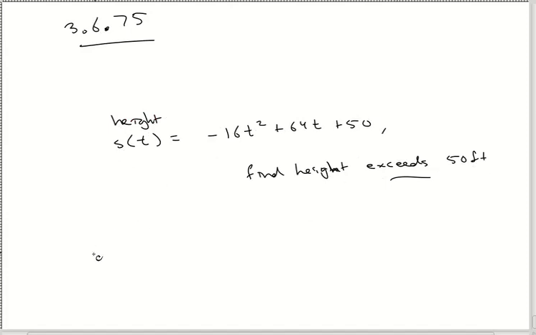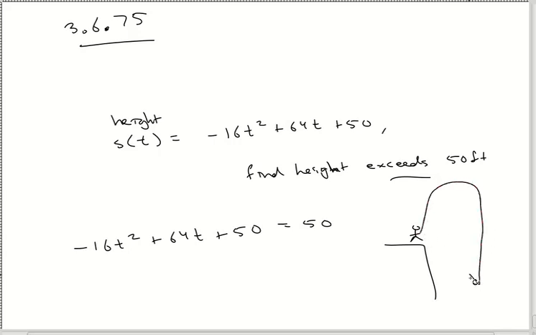Quick answer is that what you want to do is set this equal to 50. And then you're going to look for the numbers in between. You set it equal to 50, and then you start solving for t and stuff. I don't think they have a picture, but there's a person on top of a roof, and they're throwing a ball in the air, and it's coming back down.